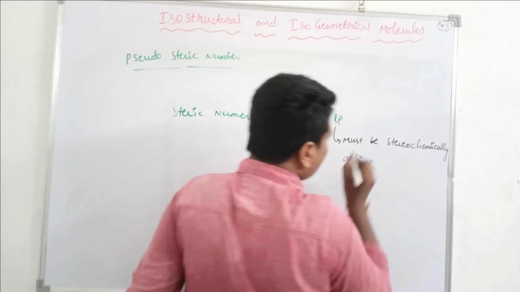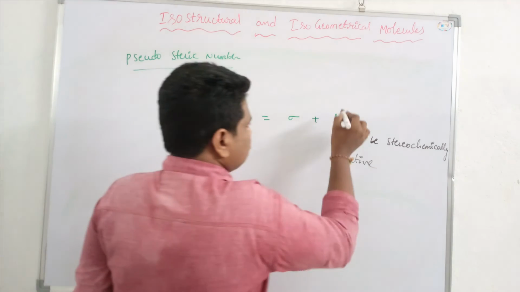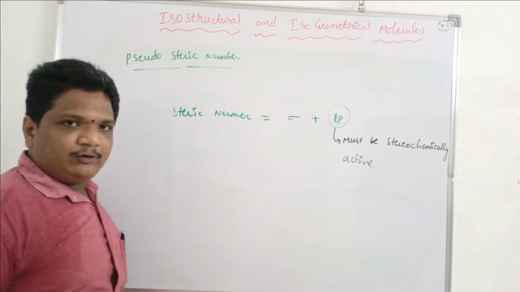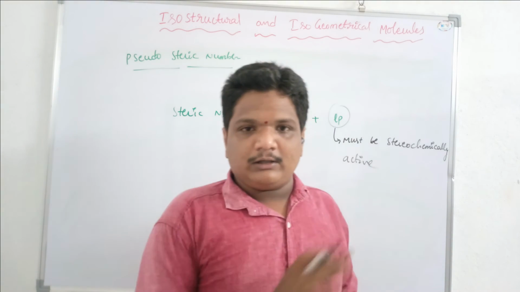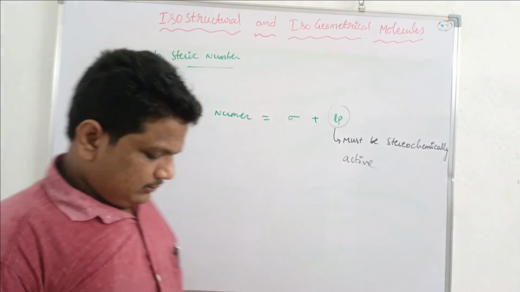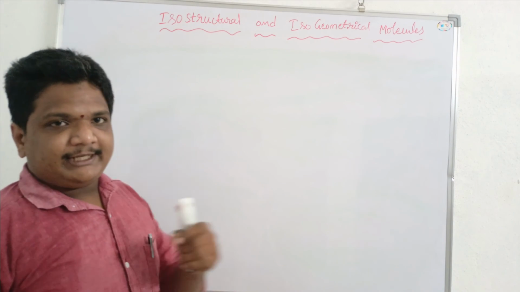So we can consider only stereochemically active lone pairs. If it is not active stereochemically, we cannot consider it in the calculation of the steric number. Now let us see a question which is based on the calculation of steric number.